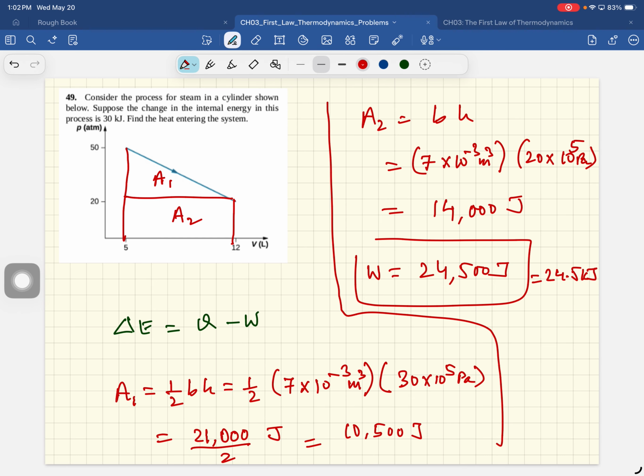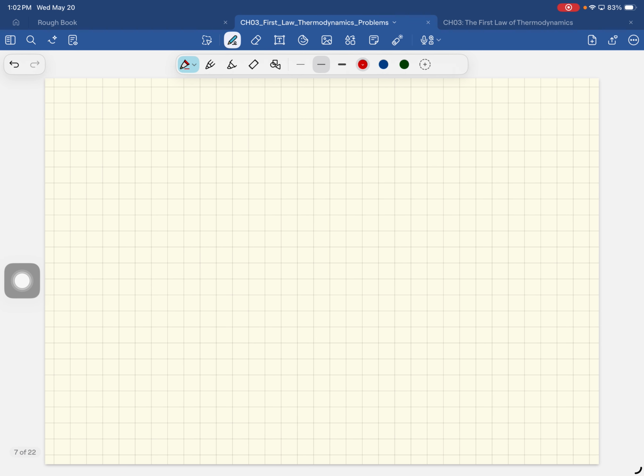So change in internal energy in going from B to C, the heat added is that much, and the work done B to C is 2,000 joules.